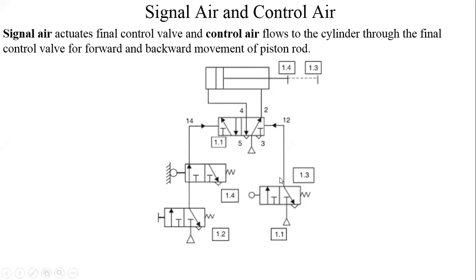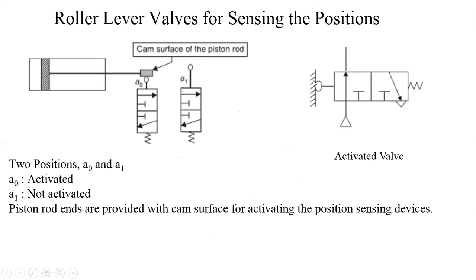Roller lever valve 1.3 will be activated when the extension stroke is completed and it touches 1.3. So if that position is shown in the circuit diagram, you should show such a symbol here. That is again important. You should show with the help of such a symbol which roller lever valve is activated at that instant of time.